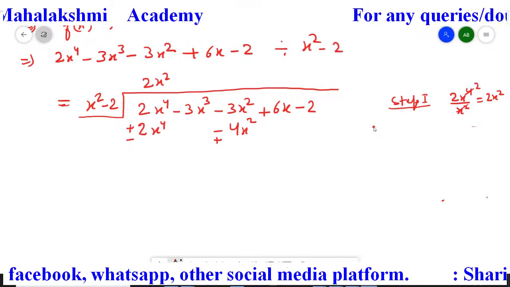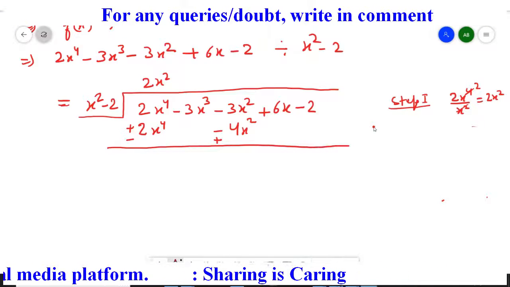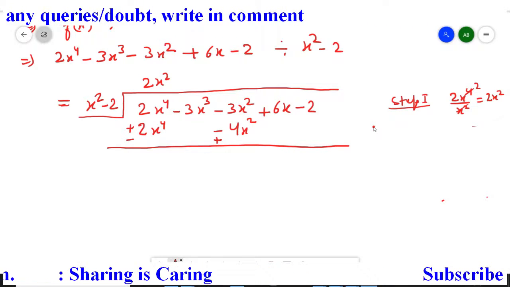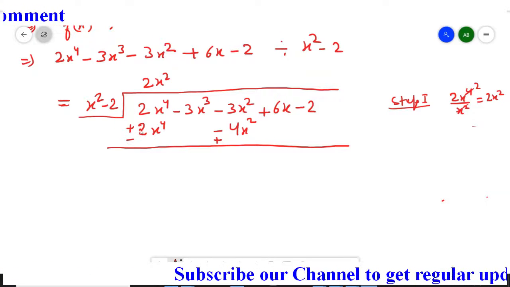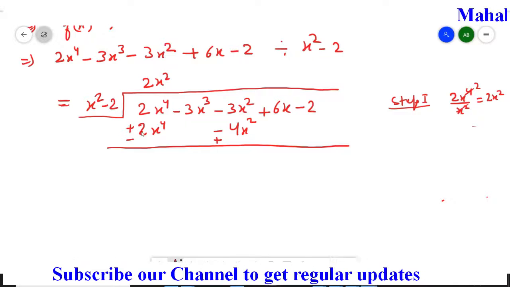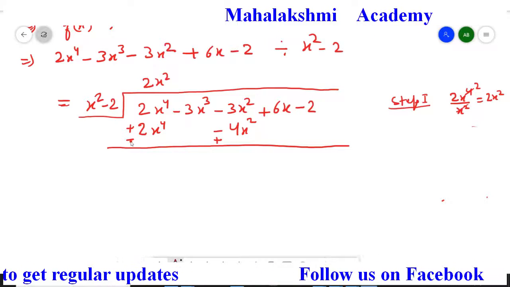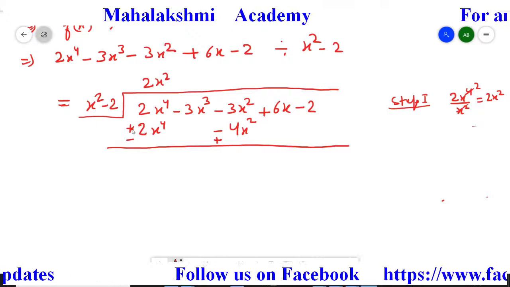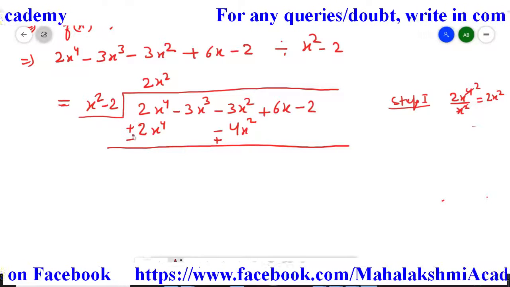There is no need to see the upper term's sign, only whatever the product's sign is, just reverse it. Now students, this term is positive and this term is negative. Don't see this plus sign now. If somebody asks you what is the sign of this 2x to the power 4, then the answer is minus. It is no longer a positive symbol, it is now a negative symbol.